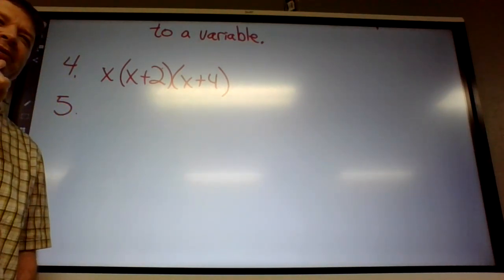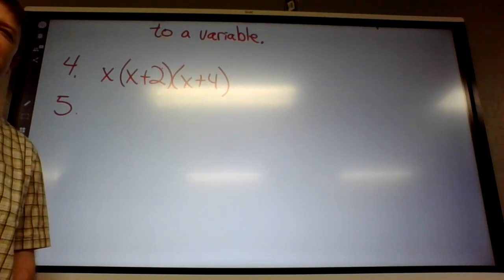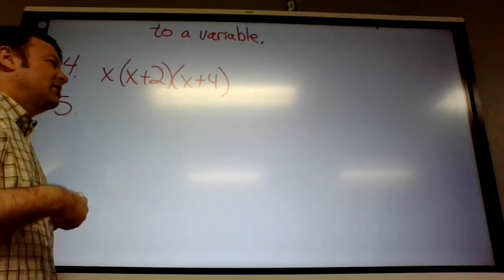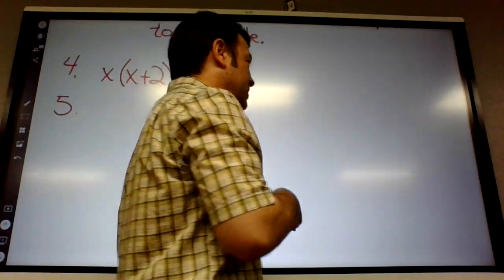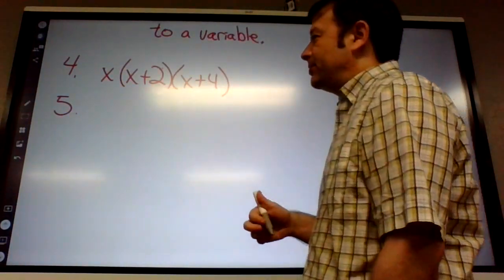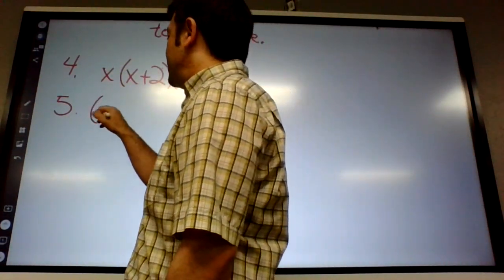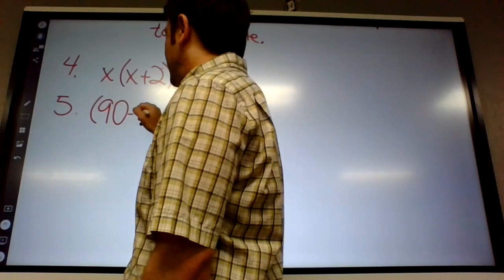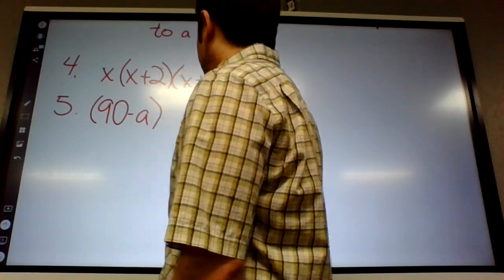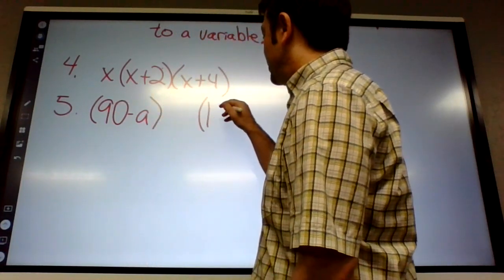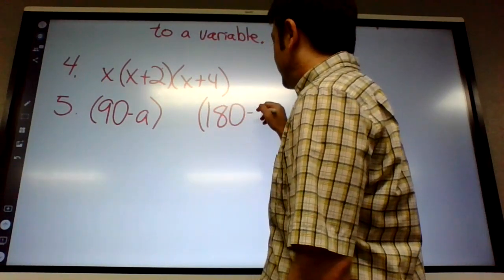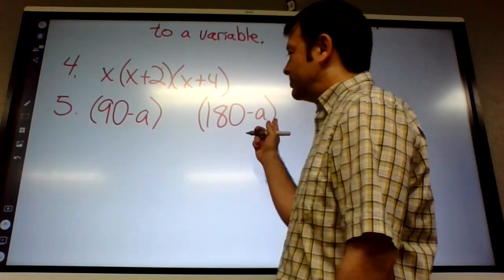You guys remember that from last year, maybe 2 years ago? It's okay. I don't really expect you to know it. It's a geometry thing. Complementary angles add up to 90, so the complement of an angle would be 90 minus the angle, and the supplements add up to 180, so to find the supplement of an angle, you do 180 minus the angle.